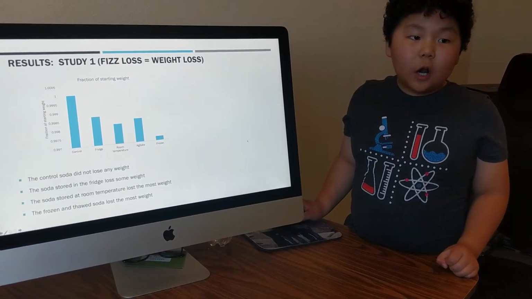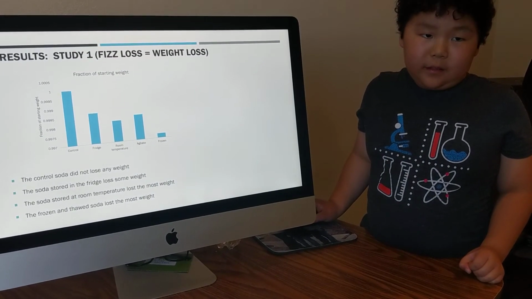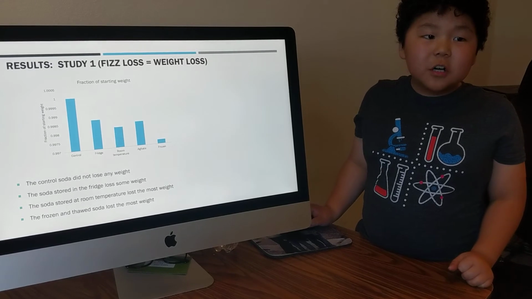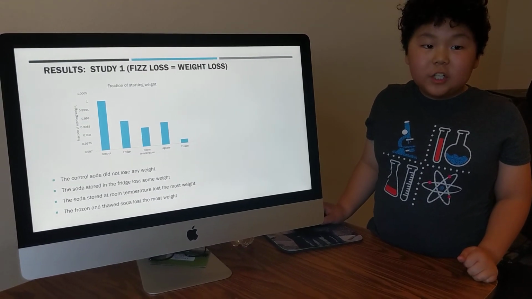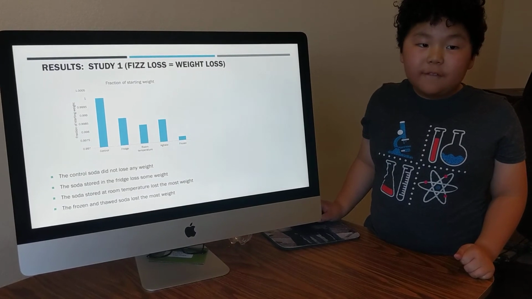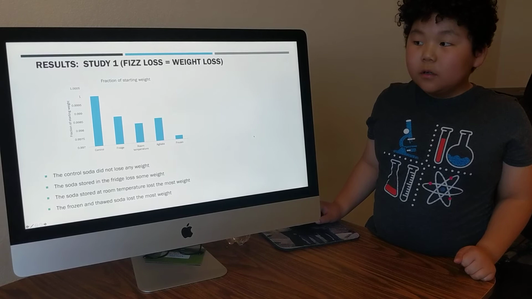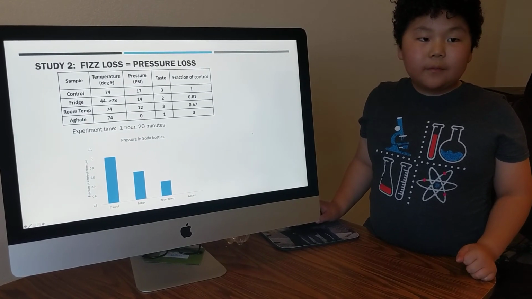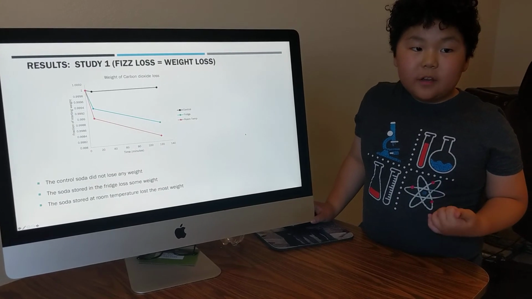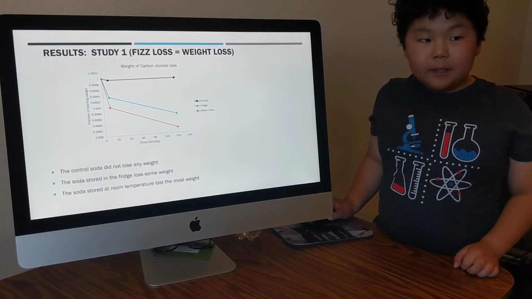When I measured the carbon dioxide using the pressure gauge and in my taste survey, the results showed that the refrigeration kept the fizziness longer and agitation removed the fizziness faster. The graph here shows how quickly the soda lost its fizziness when we measured it over time.